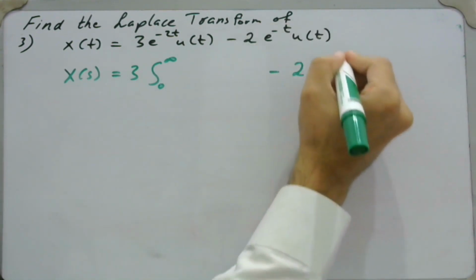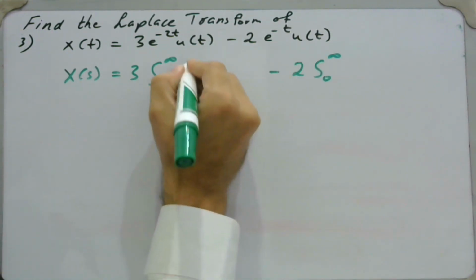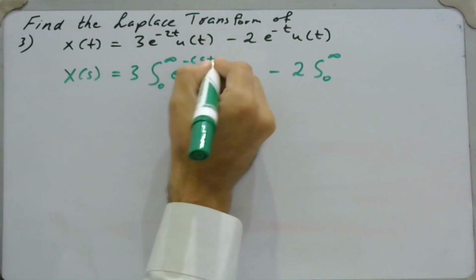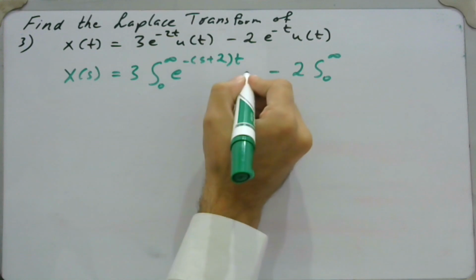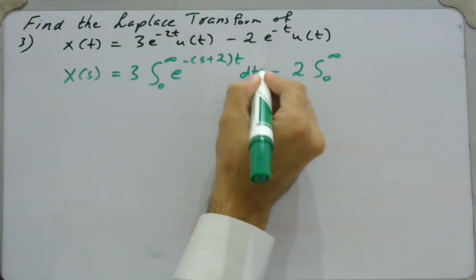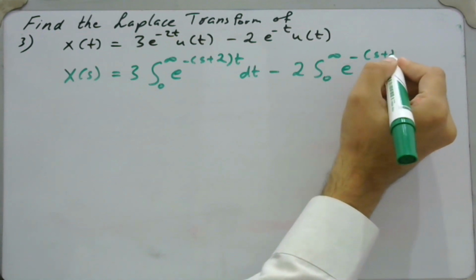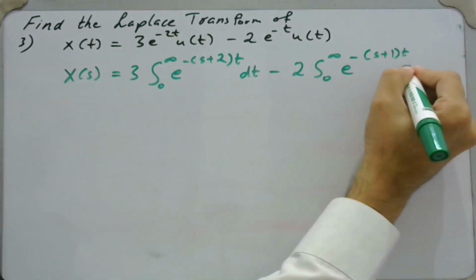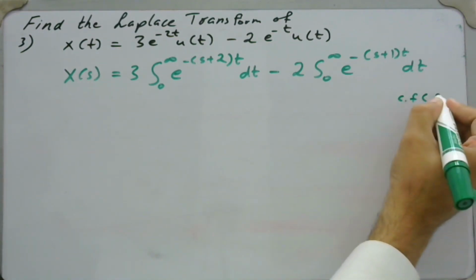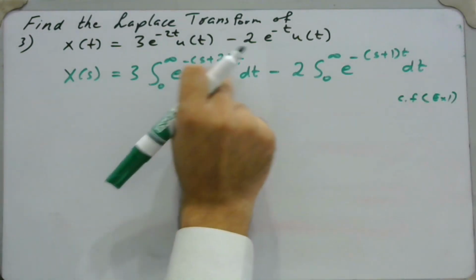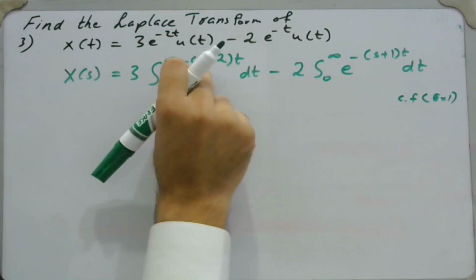Because of u of t we would have 0 to infinity, e to the power minus (s plus 2) t dt, and this would be, if you look back to example 1, e to the power minus at u of t is simply 1 over s plus a, and the region of convergence is the real part of s greater than minus a.